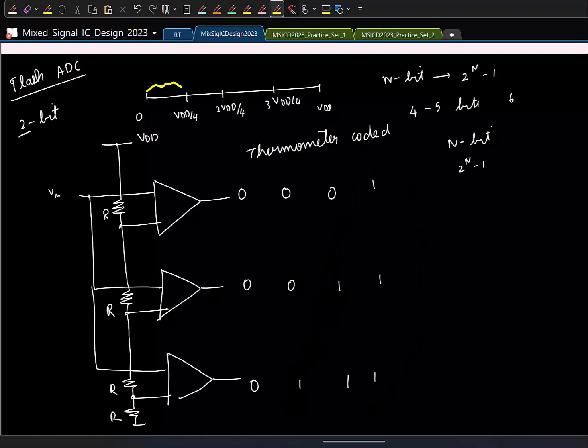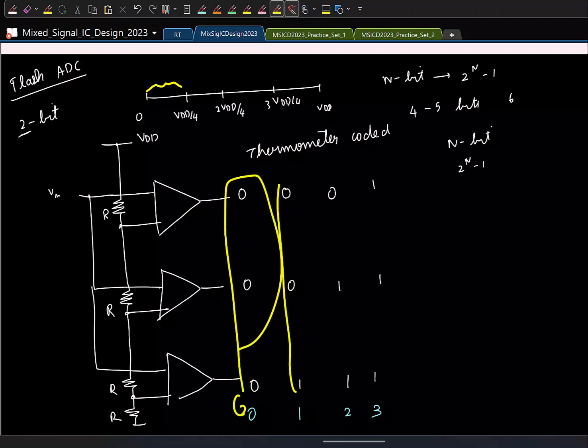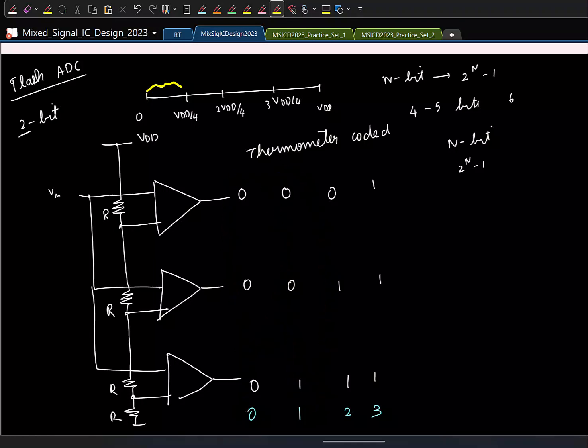But all our digital circuits work with binary bits, so you have to convert this thermometer to binary. And remember that this is our binary 0, binary 1, binary 2, binary 3. I'm writing in decimal, but this is what you want. So if you have to convert this to 0, this to 1 and so on, what is the simplest operation you can do?